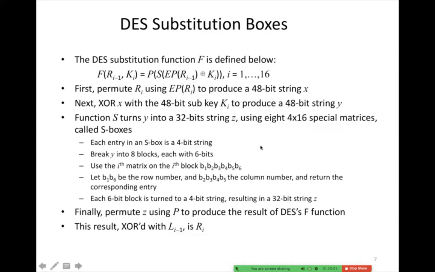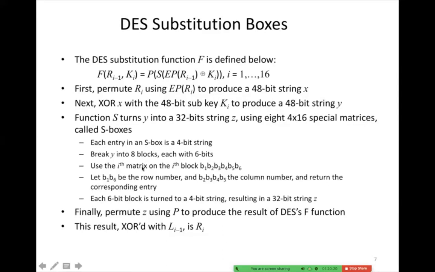Now remember your input is 48-bit, so we are going to break Y into 8 blocks, each 6 bits long. Then each block uses one S box, because you have 8 S boxes.